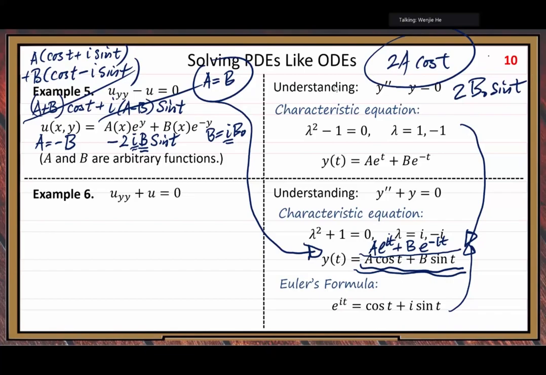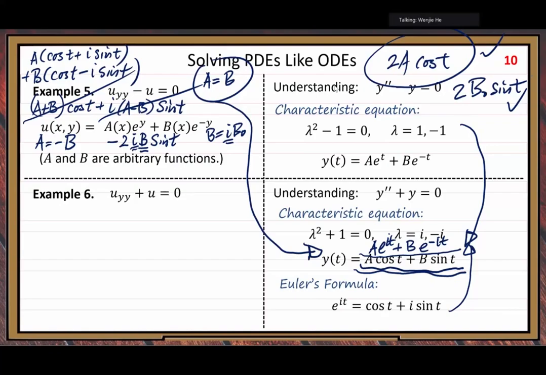So we have two solutions. One solution here, another solution here. Then the sum of the two solutions, is it another solution? Because this equation is linear, it has the linearity property. That means if we have two solutions and we add them up, it's another solution.